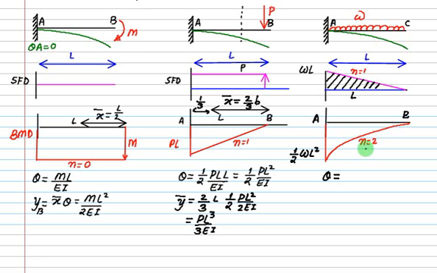The degree is 2, so is it 1 by 3? What is the height of this one? It is 1 by 2 WL square. And what is the width of this one? It is L. So it is WL cube by 6. What is missing? EI. I hope you understand this.